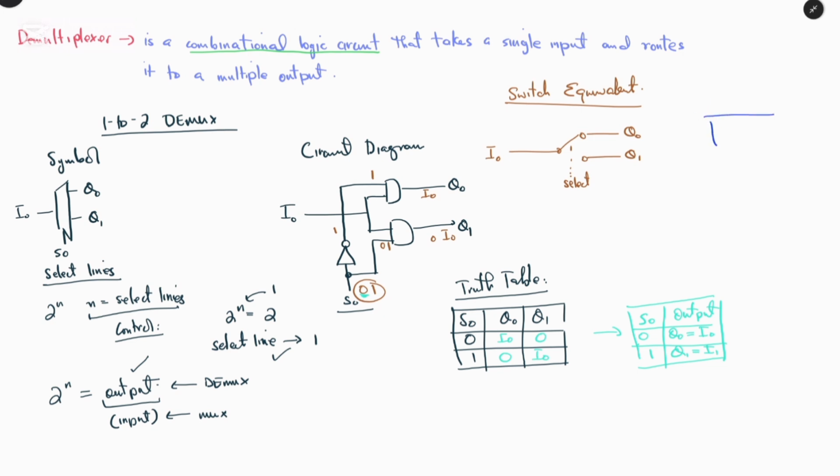When you have the DEMUX with Q naught and Q1, the entire input of the system is I naught and the select line S naught. So I naught and S naught are the inputs to the demultiplexer, and Q naught and Q1 are the outputs.